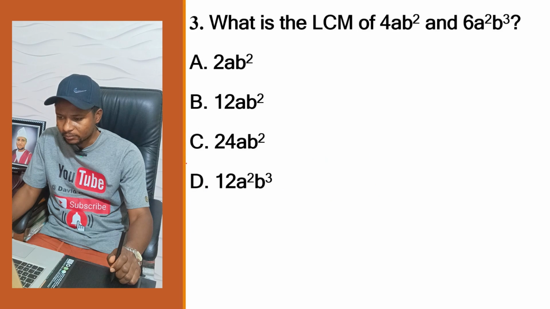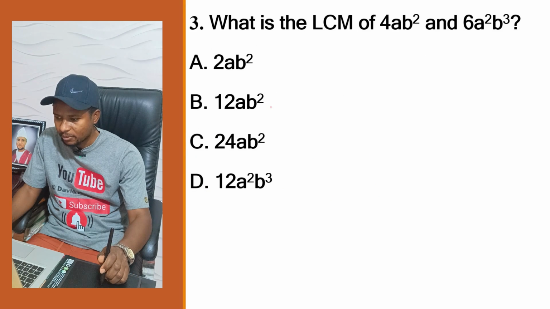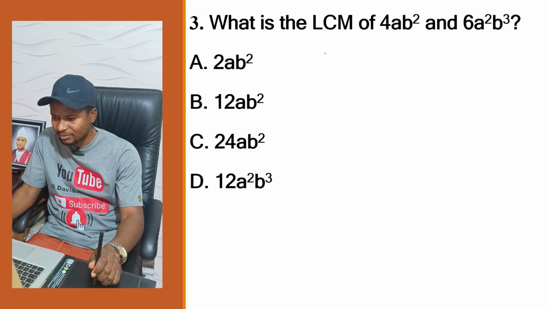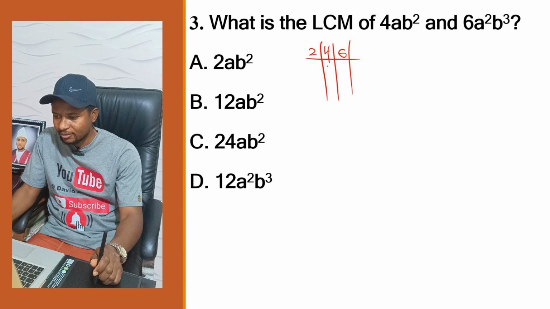Moving on to number 3. LCM of 4ab squared and 6a squared b cubed. Like I always tell my students, you can split it if you want to enjoy yourself. Find the LCM of 4 and 6, which I know everybody knows is 12. But let's do it. 2 in 4, you have 2. 2 in 6, you have 3. 2 can still go in 2, that's 1, but cannot go in 3.